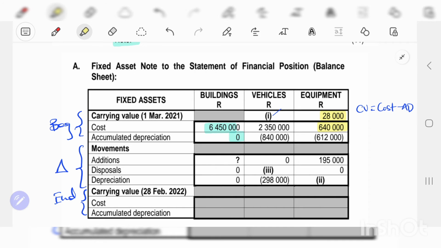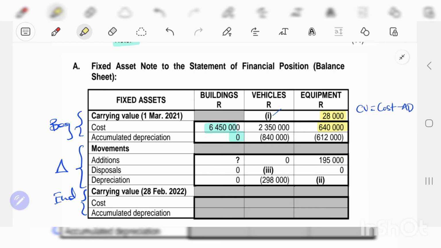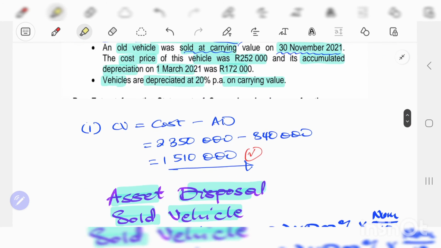Because if it exceeds 28,000, are you aware that you are going to have a negative cost? And that's not what we are looking for. So this is where you use the method of having a carrying value of 1 rand. And so this is what we are going to do.